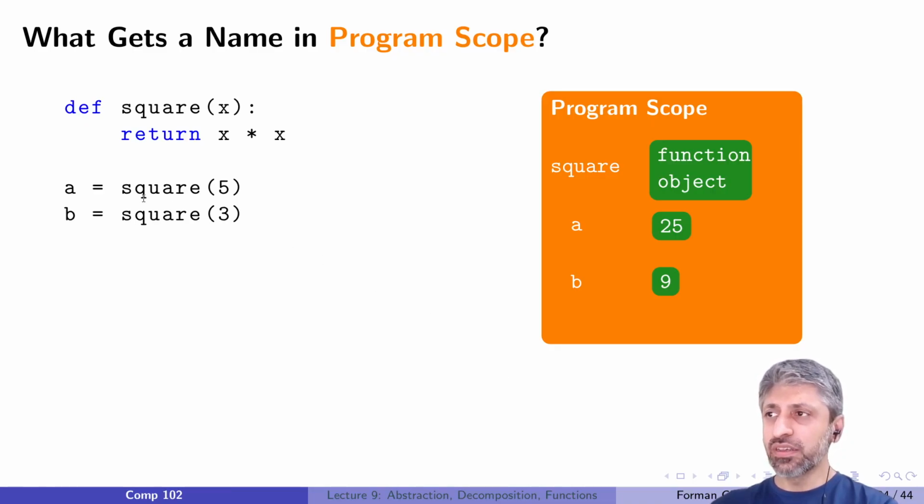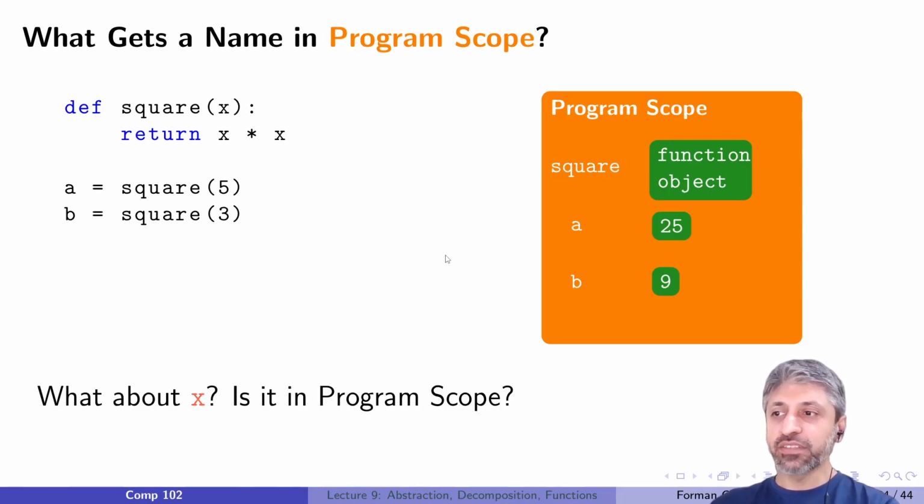We have A that contains the result of square 5, and then we have B that contains the result of square 3. And square itself is a special variable that points to the function object. Now, what about X? What is its program scope? So the scope of all of these three variables, square, A, and B, is the lifetime of the entire program.